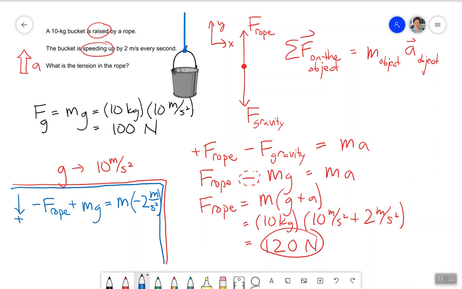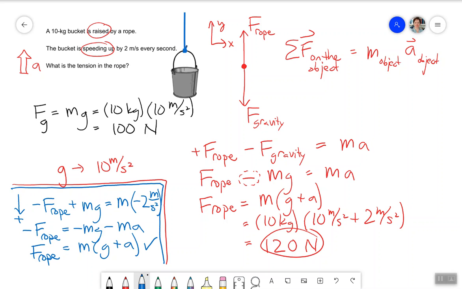So when I do that problem, I get that the tension in the rope, so negative tension in the rope, is minus mg minus ma. If I multiply through by minus 1, tension in the rope is equal to m times g plus a. Okay, so I get the same answer no matter which axes I pick.